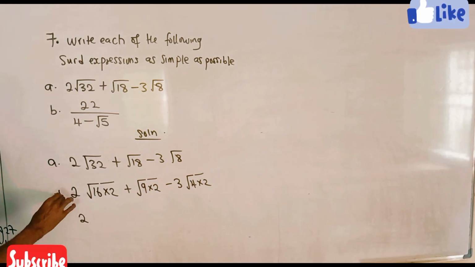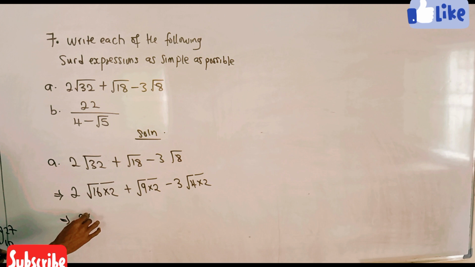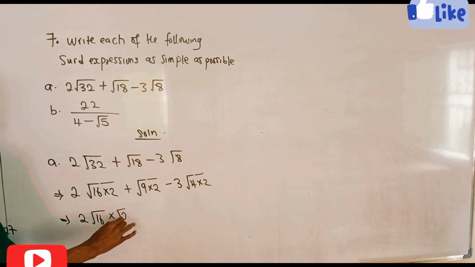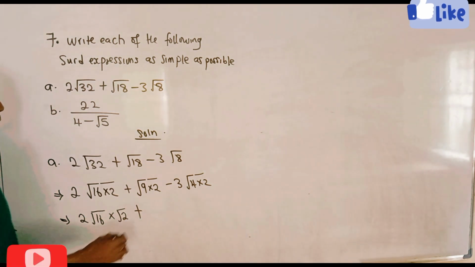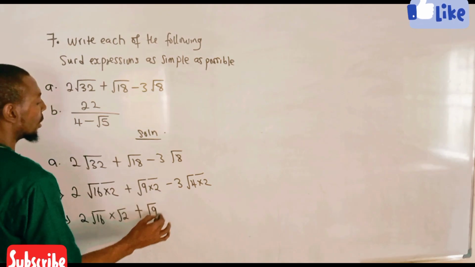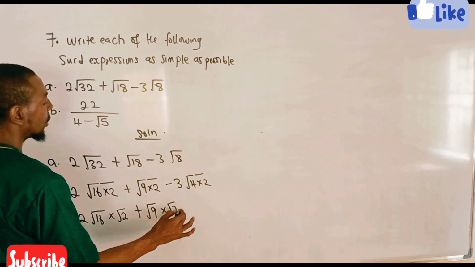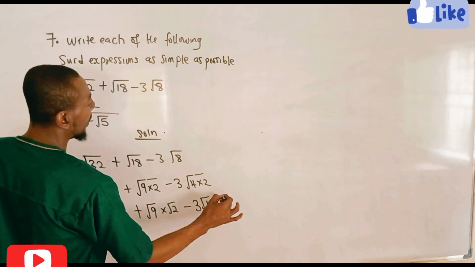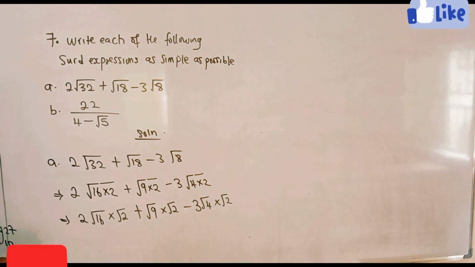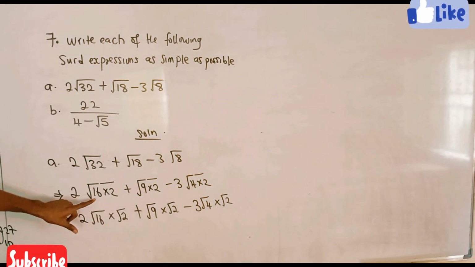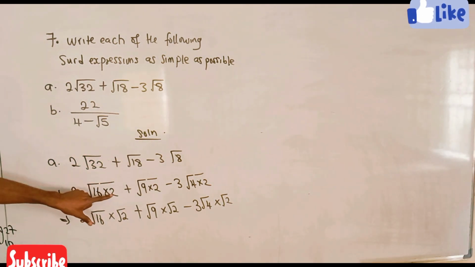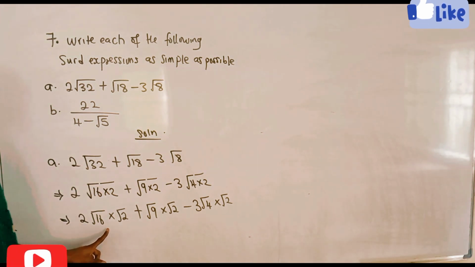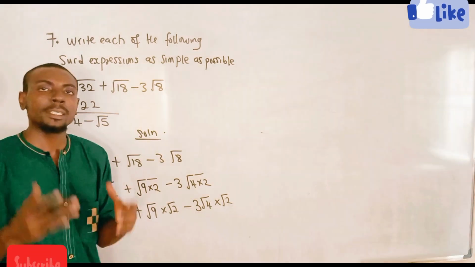So we have this equal to 2 root 16 multiplied by root 2 plus root 9 multiplied by root 2 minus 3 root 4 multiplied by root 2. So when you break them down, each of the numbers has its own separate square root.